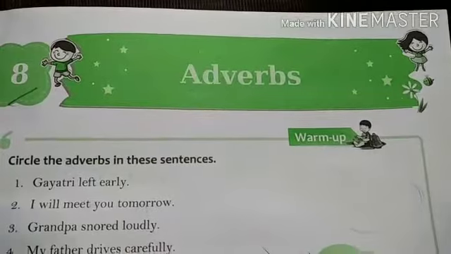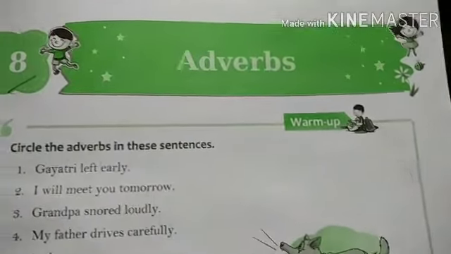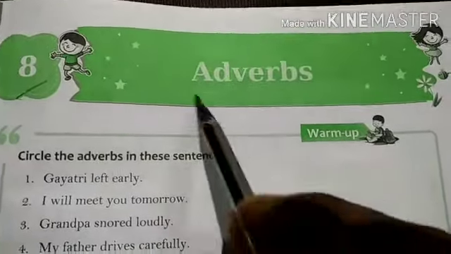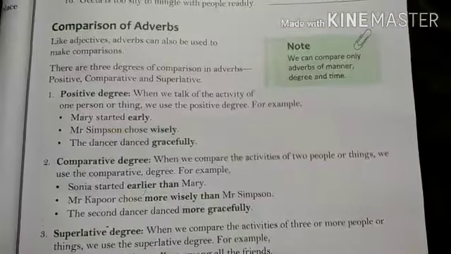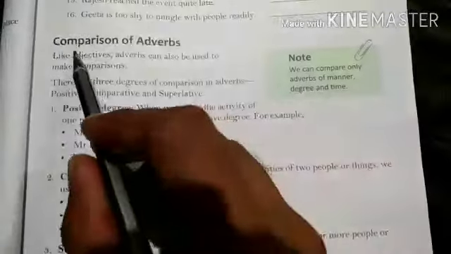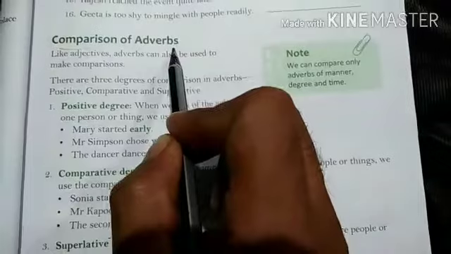In today's class for the students of Standard 6, we will continue with chapter 8 of our English grammar, that is adverbs. In this video, we will understand comparison of adverbs.